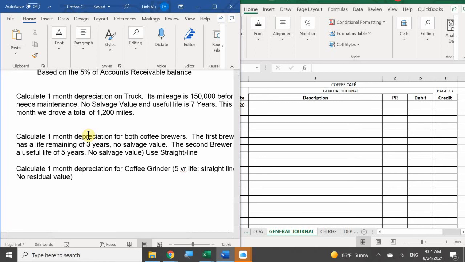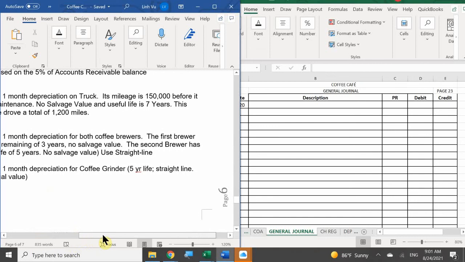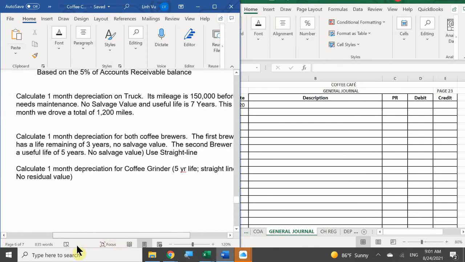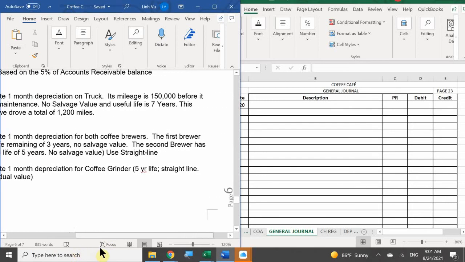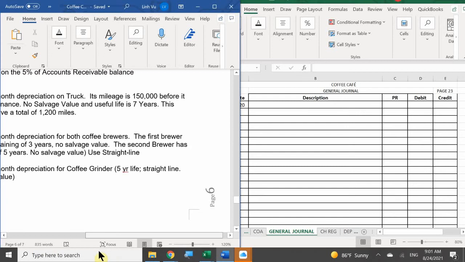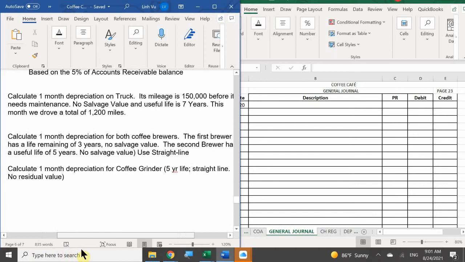Its mileage is 150,000 before it needs to be maintenance. No salvage value, and useful life is 7 years. And then it says right here that this month we drove a total of 1,200 miles.